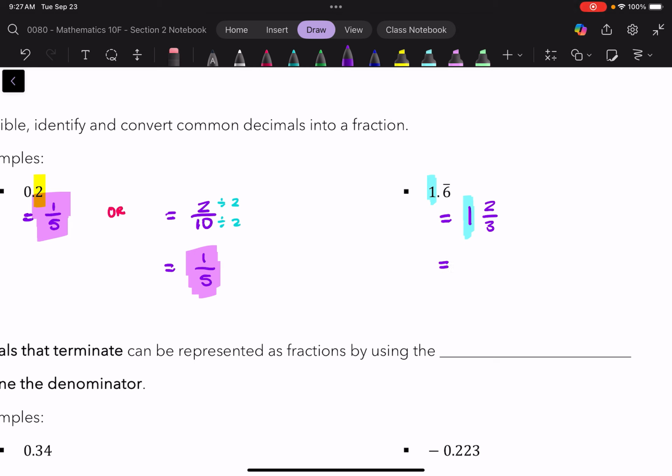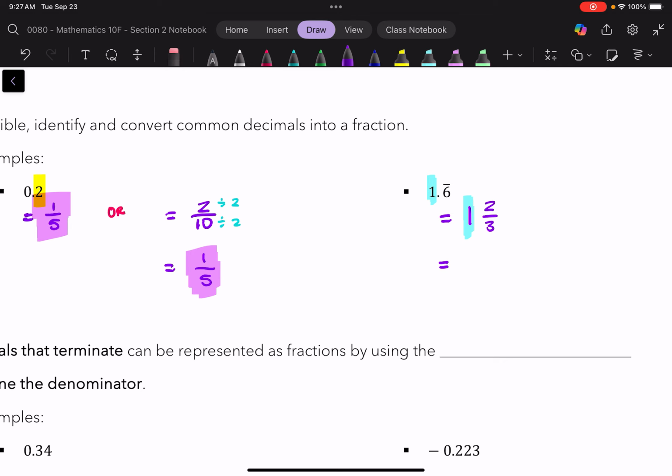Now in grade 9, we want all of our fraction answers to be improper fractions unless we're talking about a word problem. And the reason we want improper fractions is because the math is actually easier to do when it's in improper form, and because we're developing the skill, or like the first couple of steps of the skill, of dealing with fractions mathematically in different operations.